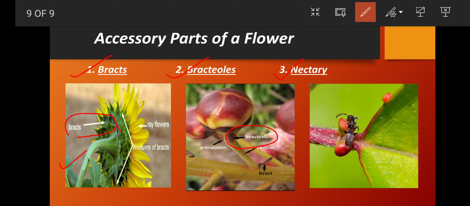These pollen grains are transferred to the stigma of other flowers when these insects visit them. So they help in the cross pollination process also. As you see in the picture, these red balls are the nectaries, and this insect is sitting on the nectaries and taking out the nectar.